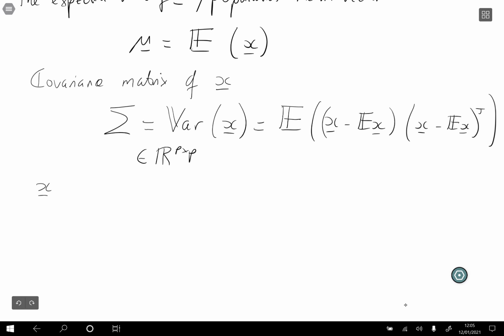Now suppose that we've got two random vectors, x and y. Let's suppose we want to know the covariance between them.